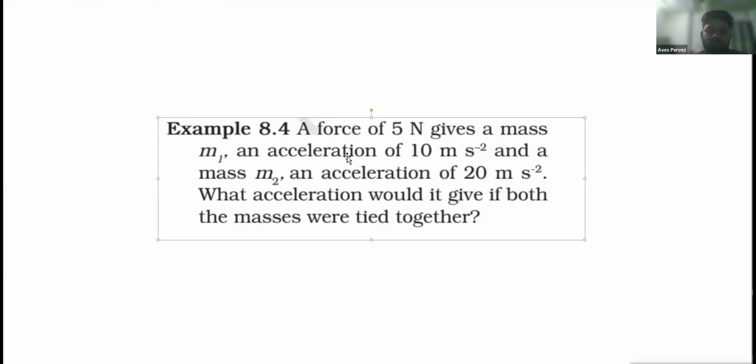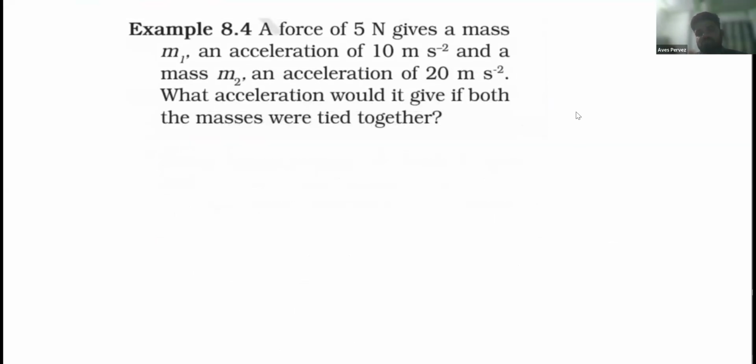So I got 0.5 for the M1. Then I got 0.25 for M2. I added both of them and I got 0.75. Then I divided the force by the total mass, and I got the acceleration.